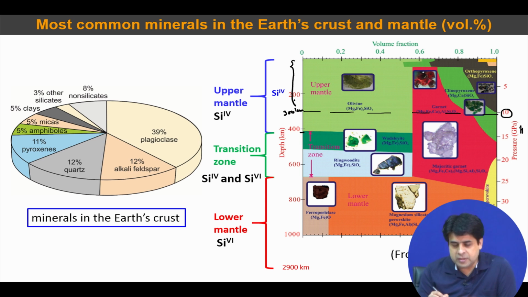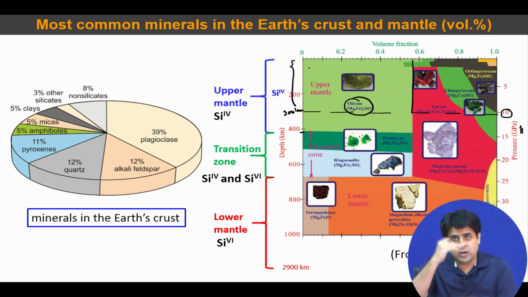The most part of this upper mantle is made up of olivine. You see that almost 60% of the upper mantle is made up of olivine, which is indicated by this olive green color. So 60 volume percent of the upper part of the upper mantle is made up of olivine.